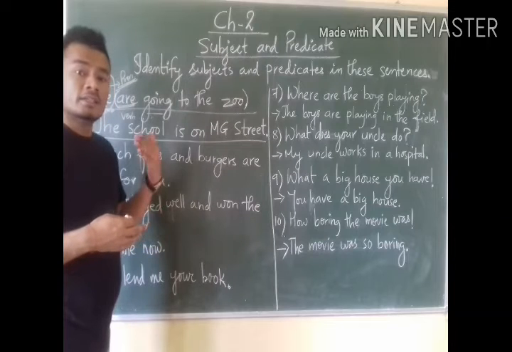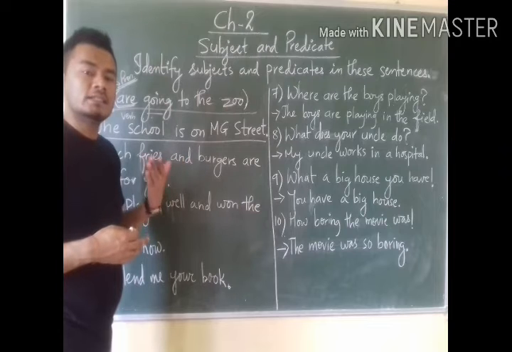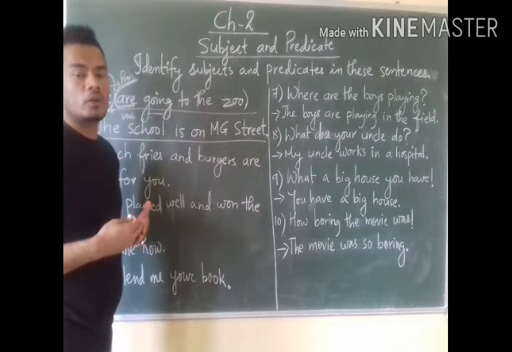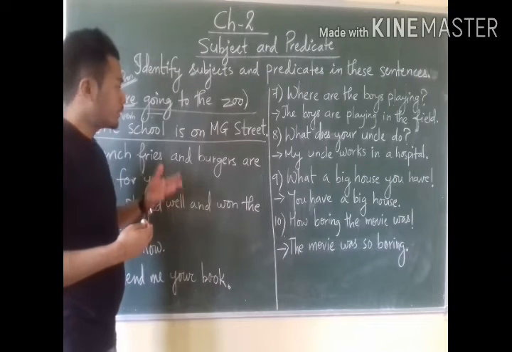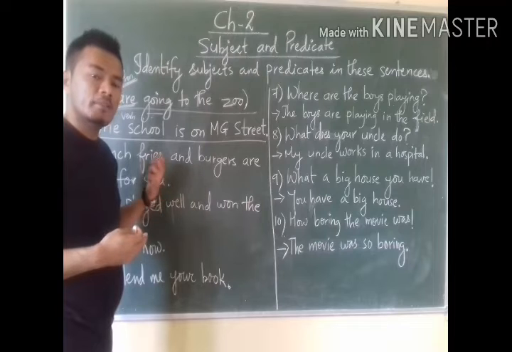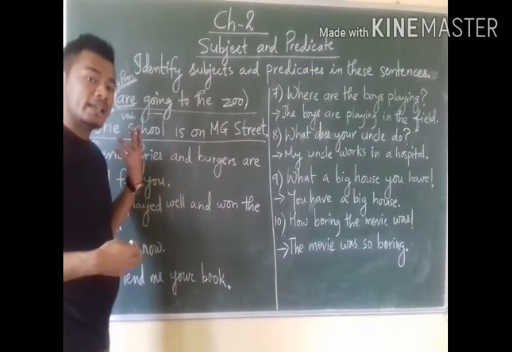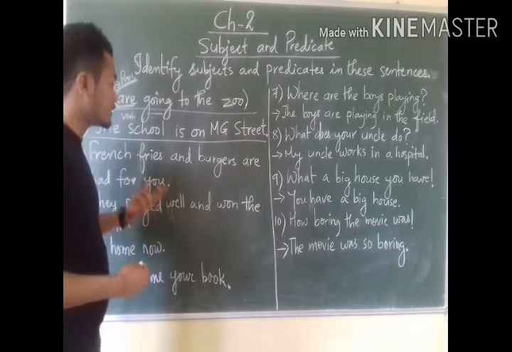That means the subject is not always a single noun or a single pronoun. The subject may be more than one word. Other phrases or words that go along with the main noun or pronoun can be treated as the subject.